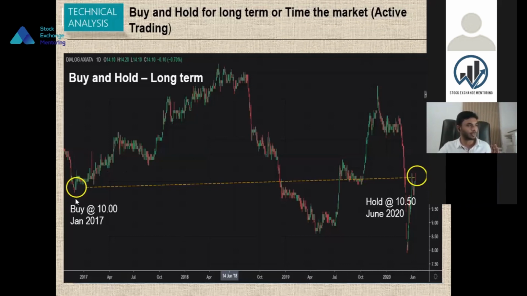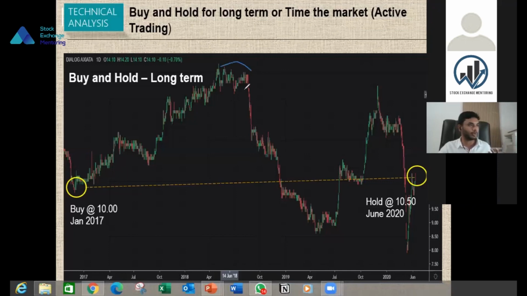You can see the stock from January 2017 at 10 rupee levels goes to a peak level of 14.50. Then again it drops drastically to 8 rupees, then goes to a peak of 14. Then you can see in June it's trading back at 10 rupees, and currently I think it's trading somewhere in the 12 to 13 rupee range.